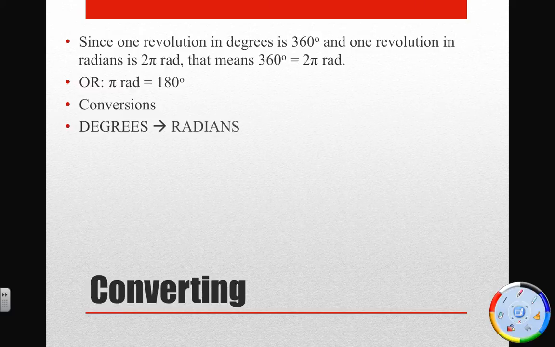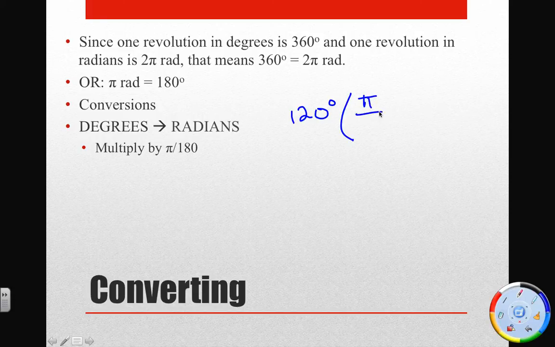If you were to go from degrees to radians, let's say I wanted you to change 120 degrees into radians. I would have to multiply by pi over 180. Now, pi, for the most part, is going to be left alone.